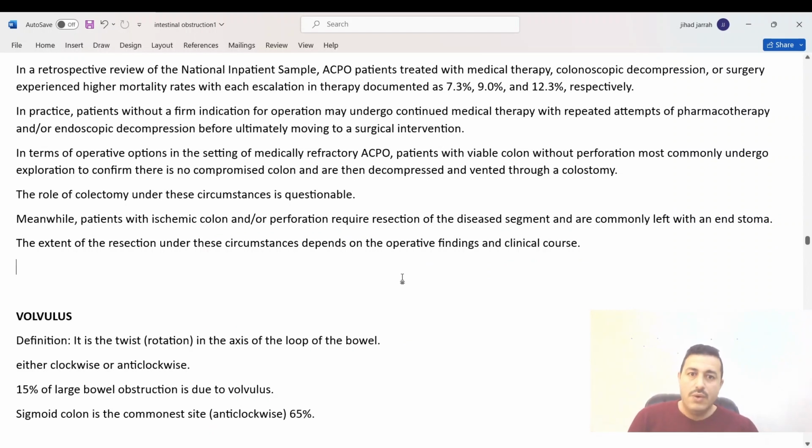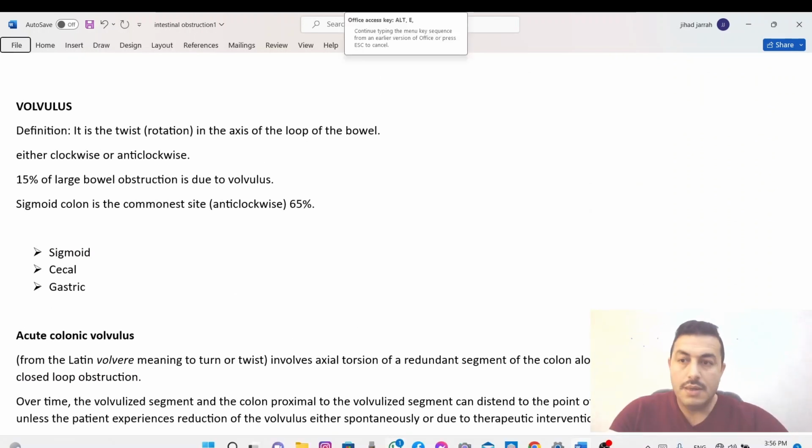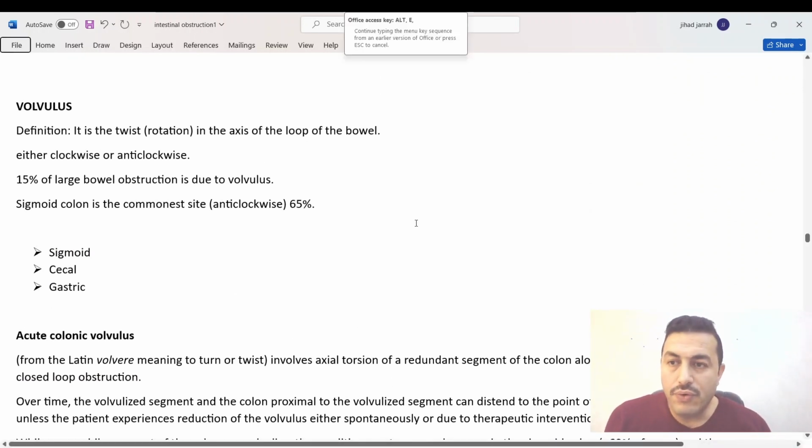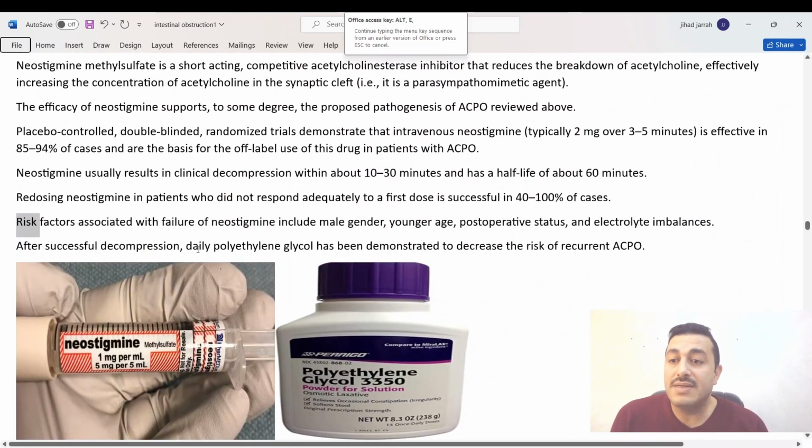Okay, we covered the most important topics in acute colonic pseudo obstruction or Ogilvie syndrome, and we proceed to volvulus. Just before talking about volvulus, one single piece of information I forgot to mention in acute colonic pseudo obstruction, the risk factors associated with failed medical and pharmacological treatment.